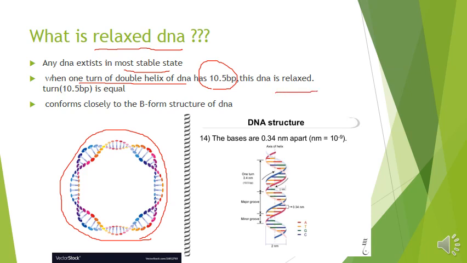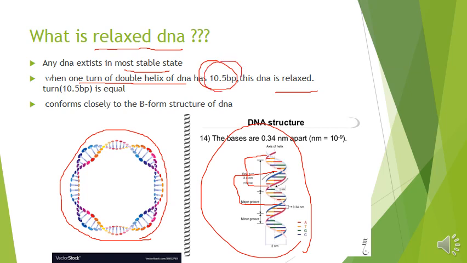And in this DNA, from one minor groove up to the other minor groove, or from one major groove up to the other major groove, every one of them is called one turn. If the number of base pairs is 10.5, yes, that is called relaxed DNA, or that DNA is completely relaxed without any supercoiling.